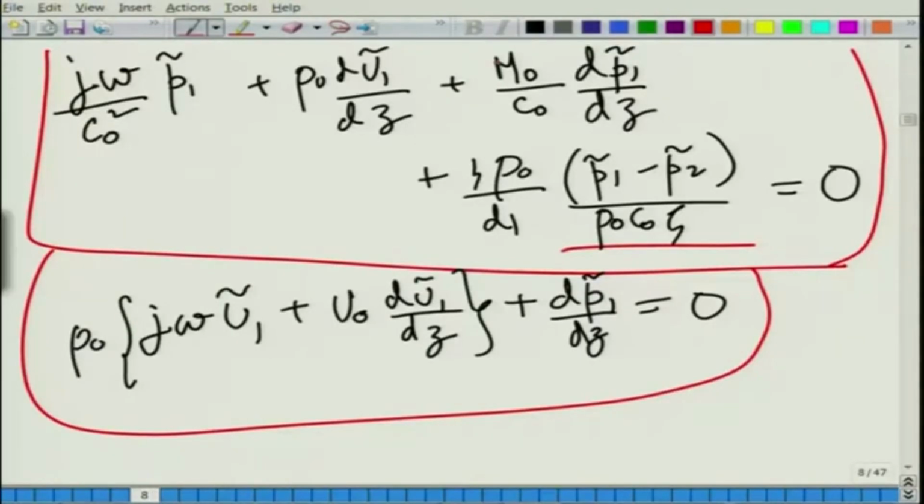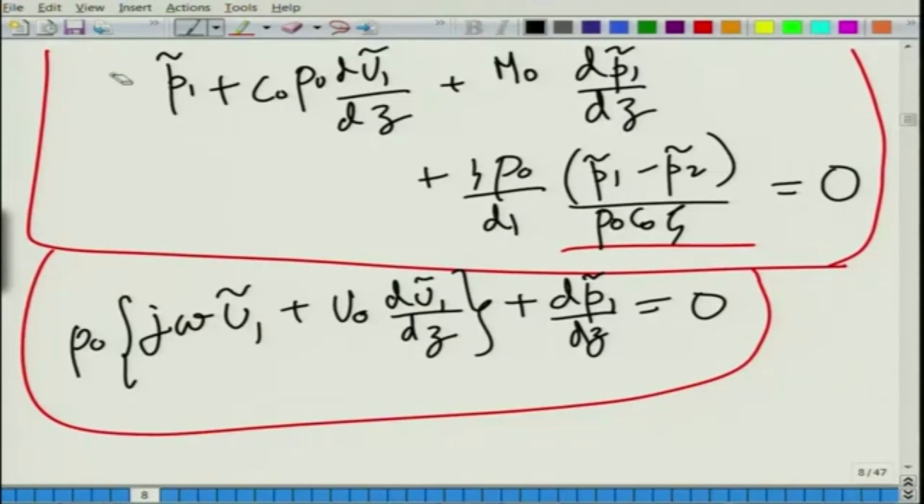Another thing is that u naught by C is M naught. So, M naught divided by C naught, that is what we have. Let me do some live simplifications here. We multiply by C naught everywhere, and this will go away, and here there will be just C naught. So, what is omega by C naught?